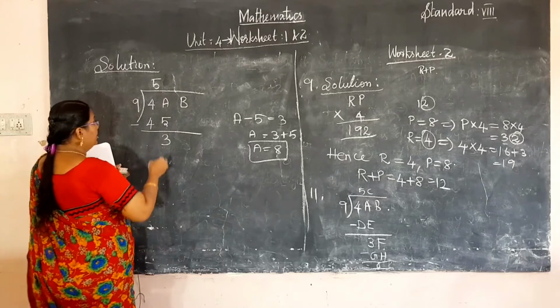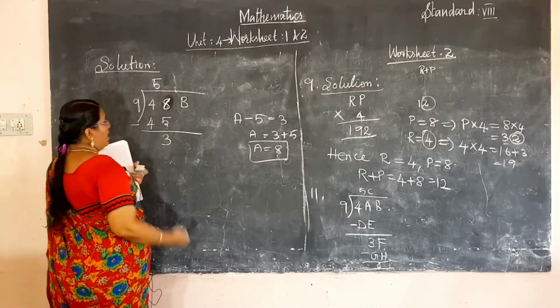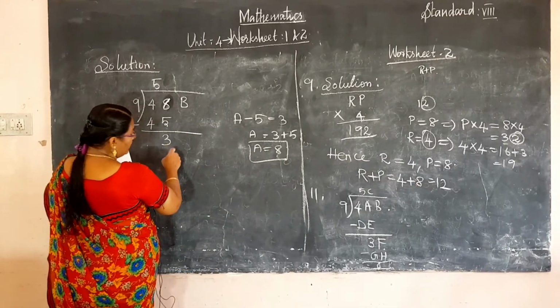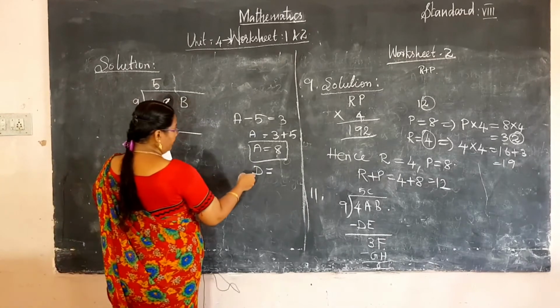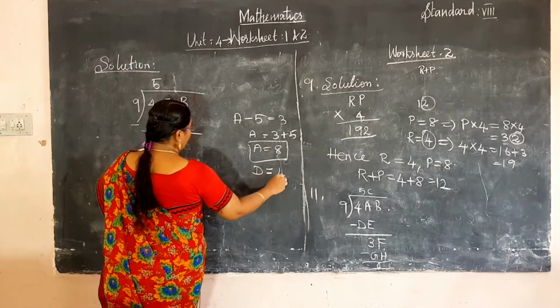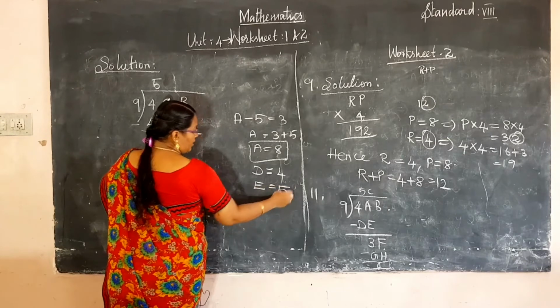So a is equal to 8. What is the value of a? 8. Now what is the value of d? The d value is 4 and the e value is 5.